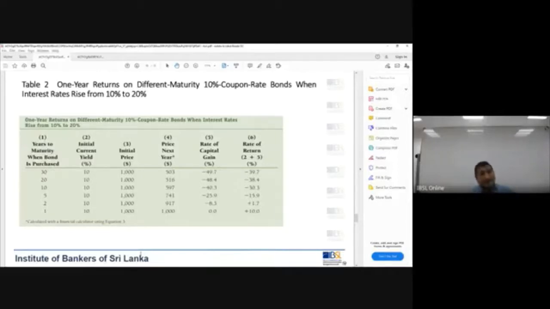But in essence, the market would not necessarily factor the same impact of 10 to 20% across all maturities. Maybe for shorter tenors, yes, but as the longer tenors approach, the market would not necessarily make 10 increase up to 20. It might be 15 or 16. So then the impact would be lower, but still you see the price would decline much more sharply compared to shorter tenor assets.